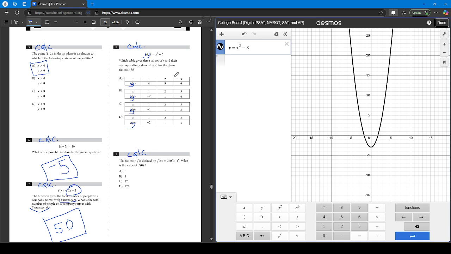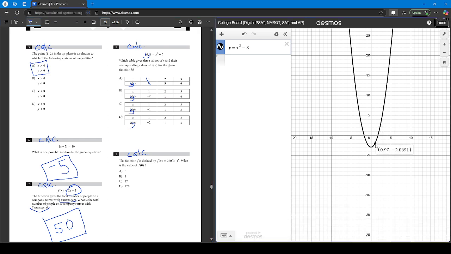So we want to see when x is 1, y is 4. No. When x is 1, y is negative 2. Yes, that's correct. So not negative 1. This also has that point. And then x is 2, y is 1.